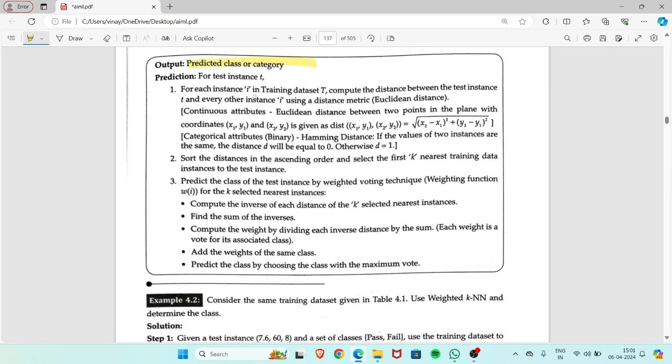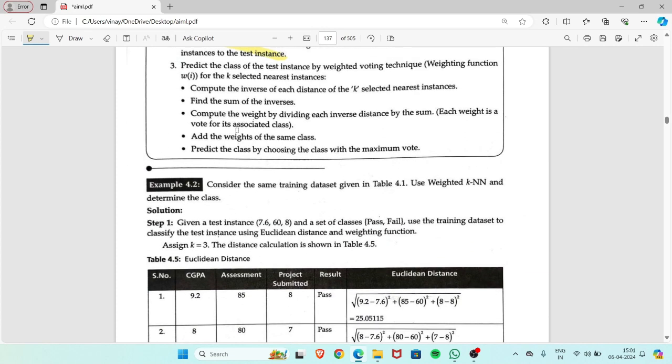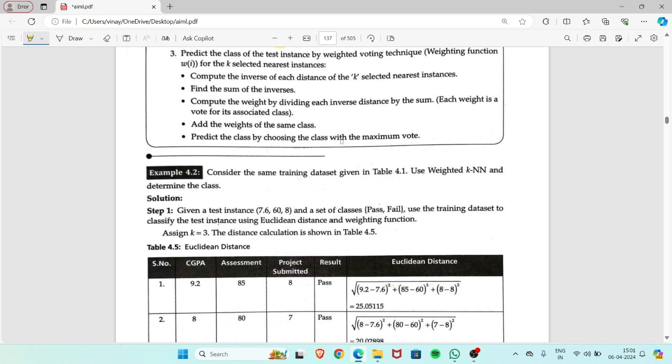For the test instance T, you have to find the Euclidean distance from all the training instances. After finding it, based on the K value, which is the nearest neighbor value, you find the least Euclidean distances and sort them. The third step is predicting the class.